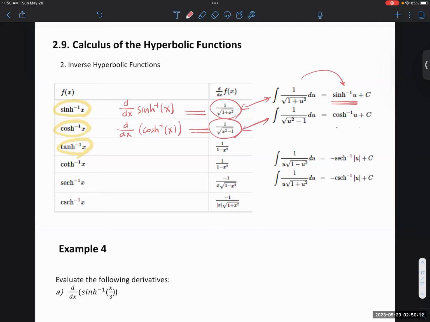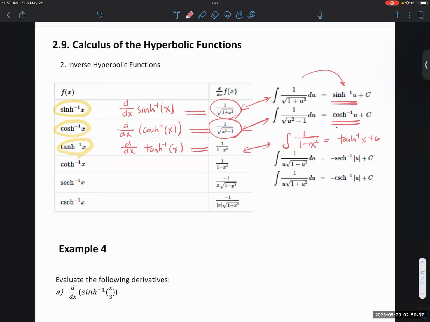If you take the integral, you're going to go back to cosh inverse. Same thing, d over dx of tanh inverse, you have a 1 over, and again, if you take the integral of that form, you will go back to tanh inverse function.